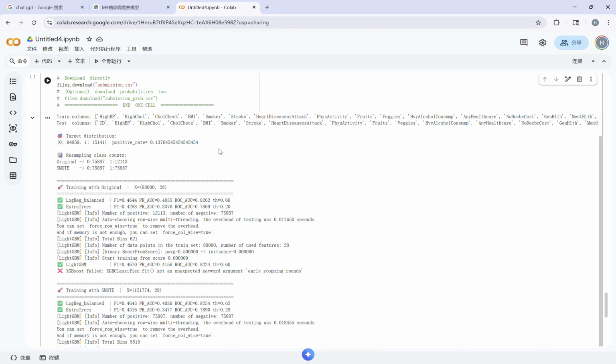To interpret the model performance in a meaningful way, we focus on what each metric actually implies. First, ROC-AUC, which is around 0.822, indicates strong ranking ability.